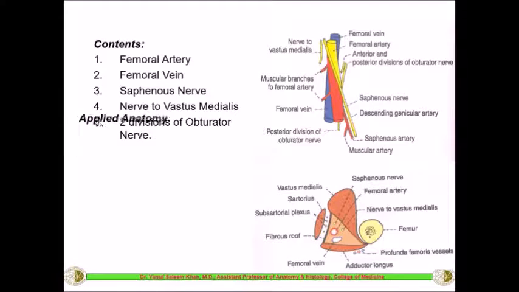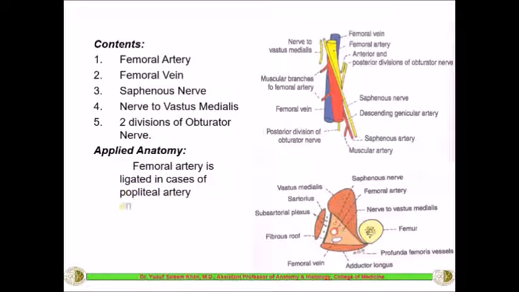Coming to the last part, that is the applied aspects. The femoral artery is ligated in cases of popliteal artery aneurysm. In these cases, the popliteal artery is prone to aneurysms, and it has to be tied.